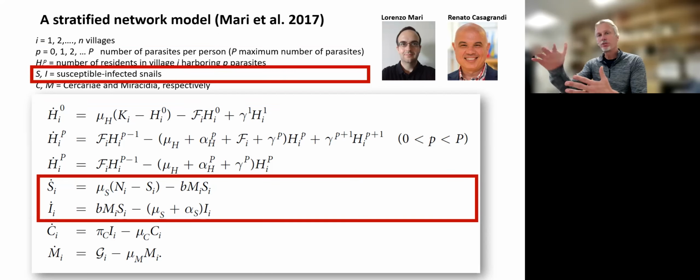In addition to the human parasitology side, we had a more classic compartmental model for the snail, where we had susceptible snail and infected snail, like we have seen, the SI type of model.